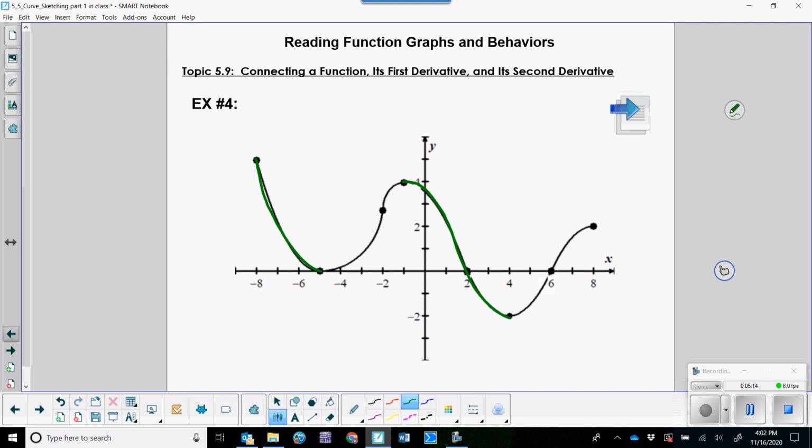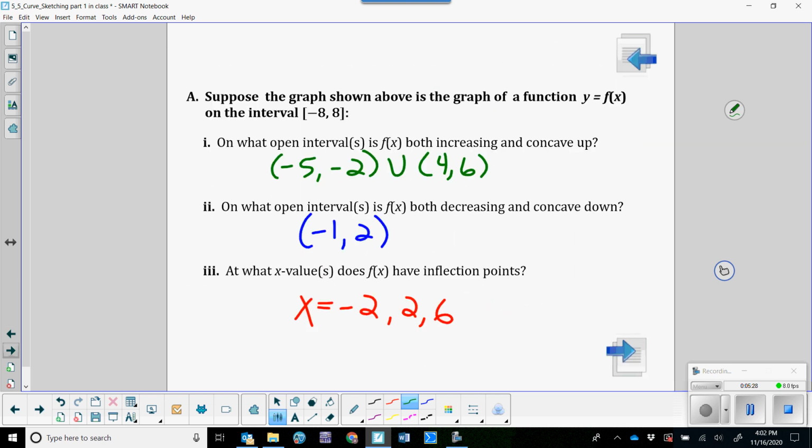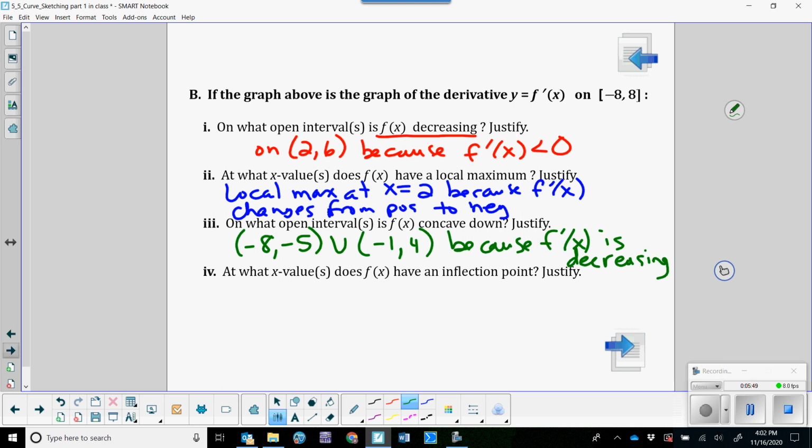Those would be the places that f would be concave down. So negative 8 to negative 5, union negative 1 to 4, because f prime of x is decreasing. If f prime is decreasing, f is concave down.